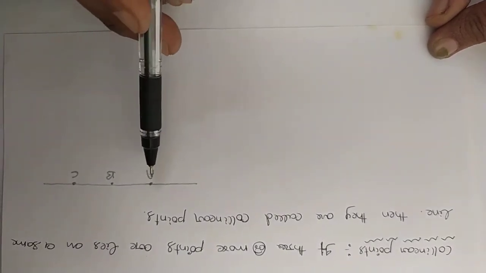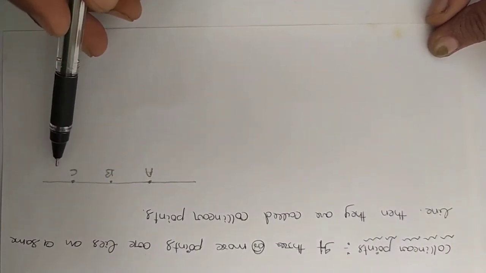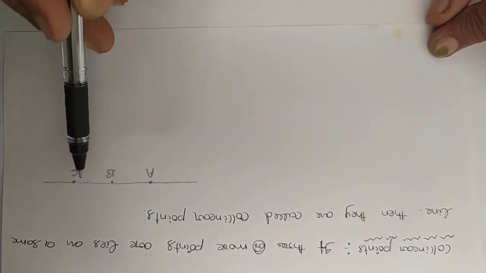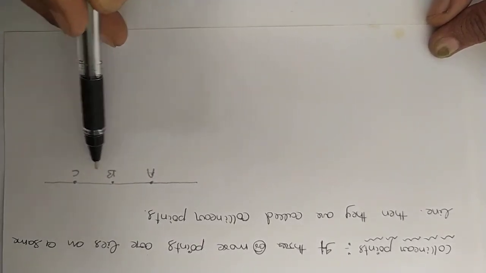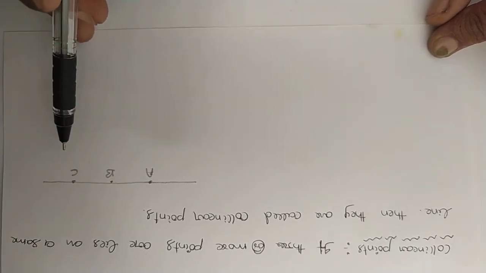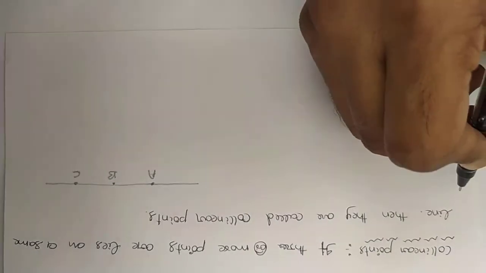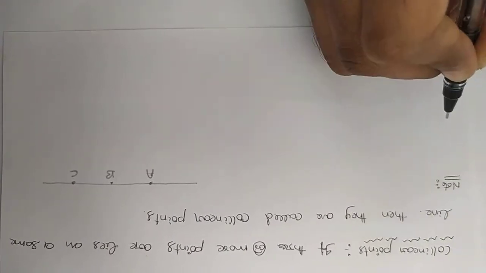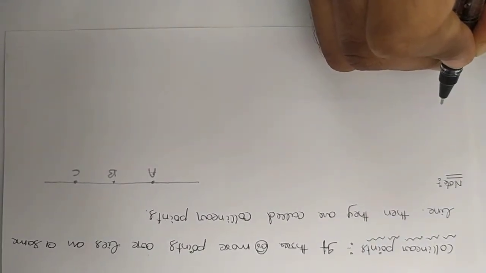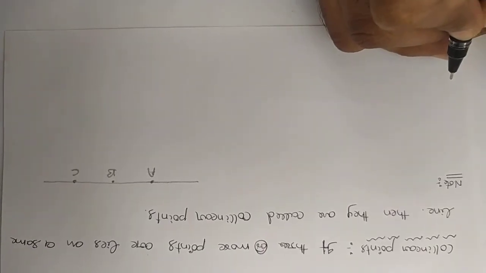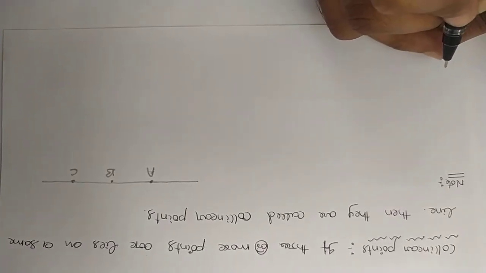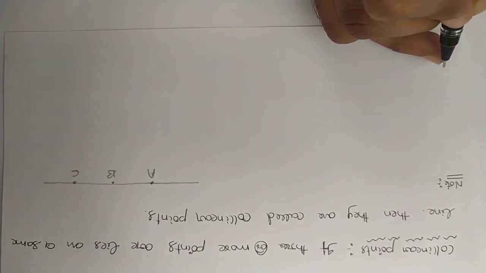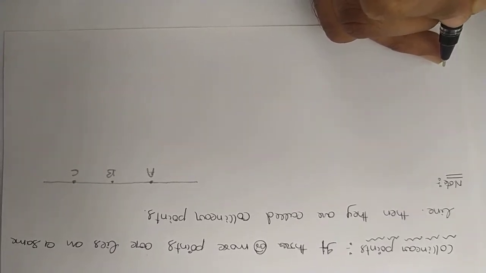If you observe here, A, B, C are the points. These points lie on a same line. Therefore, we can say that A, B, C are collinear points. Okay, understand? For these collinear points, we will have one condition. Suppose any question is given related to collinear points, this condition we are going to use.